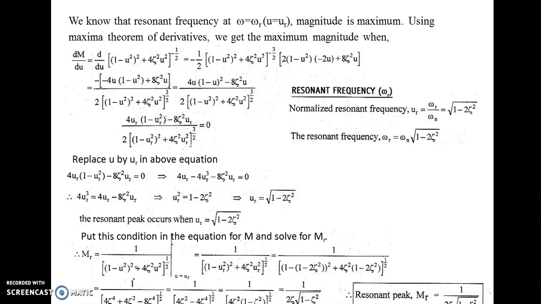By using maximum conditions, that is dM by du is equal to 0, we will get the maximum value only at resonant frequency, omega equal to omega r, that is u equal to ur. First, differentiate M with respect to u and equate to 0.